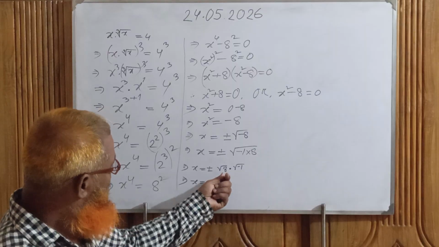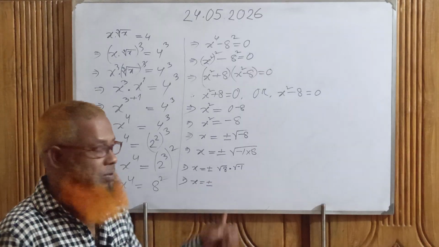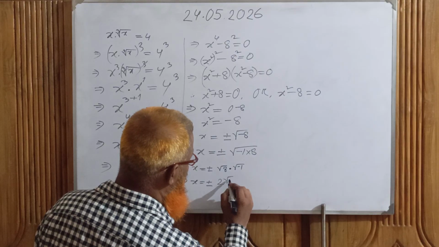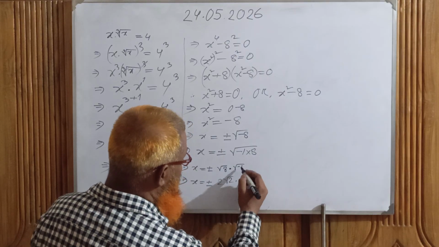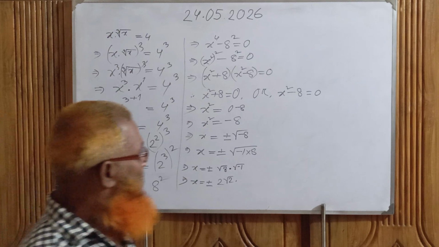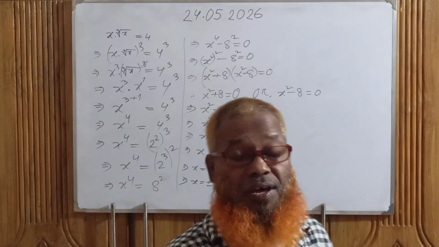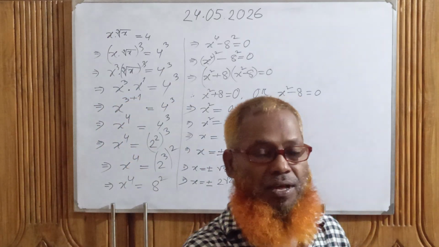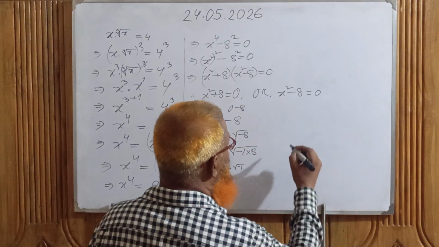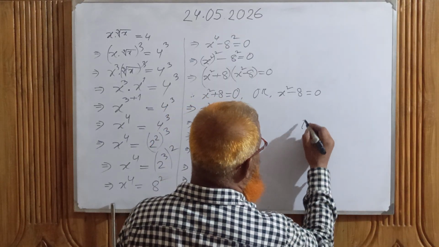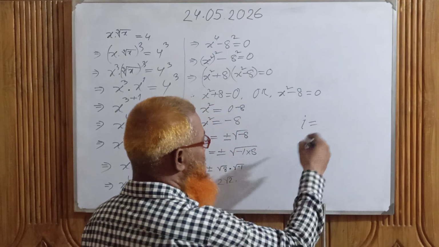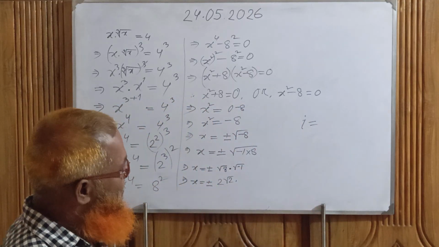And we write from the root 8 to root 2 times the minus 1. We know the imaginary unit. What's the imaginary unit? This is called the imaginary unit.